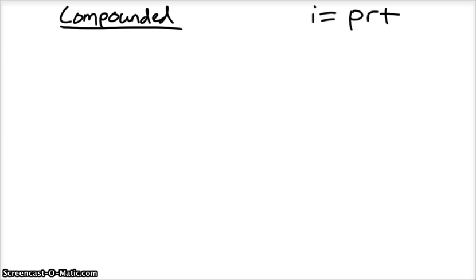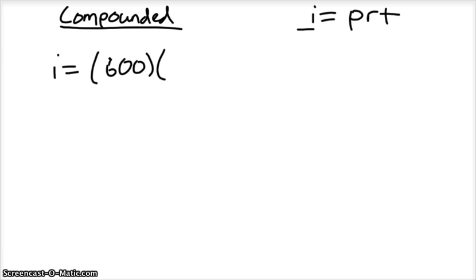So let's start with what we know. We are trying to find I, the interest. What's the amount that we started out with? It was 600, correct? Yep, $600. What's our interest rate?